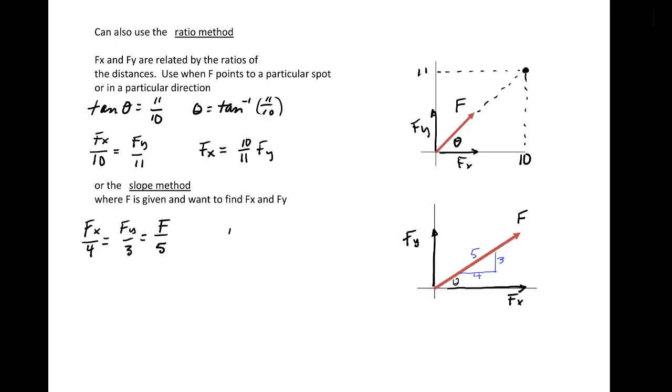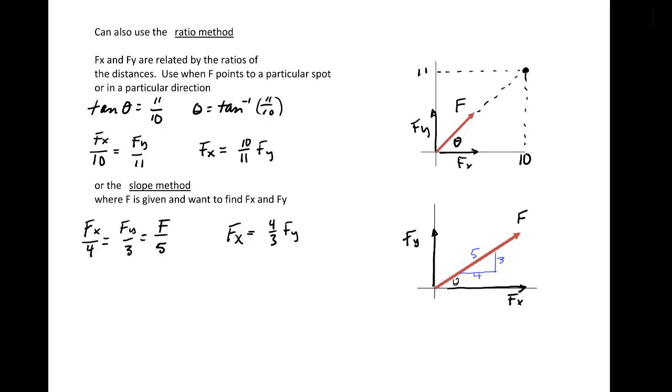Again, obviously we can write a relationship between any two pieces of this little equation, such that Fx is equal to 4/3 of Fy. We can also find the angle, and we know that the angle theta is related to those distances as well.